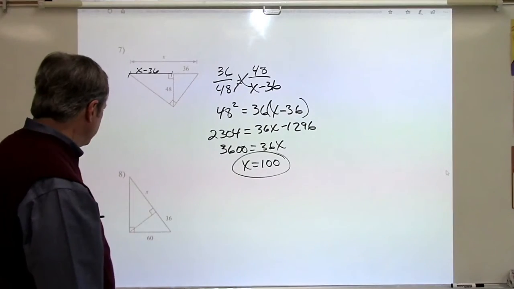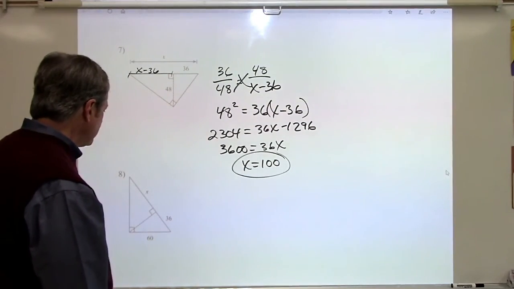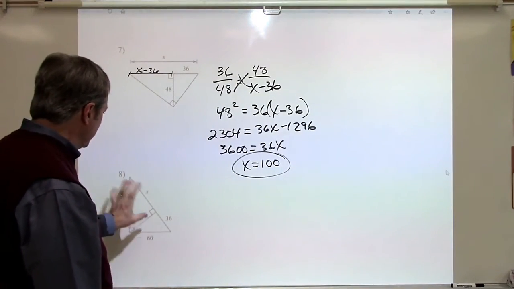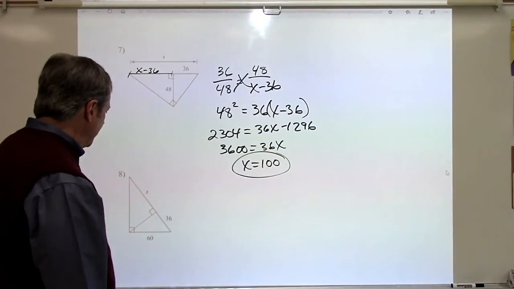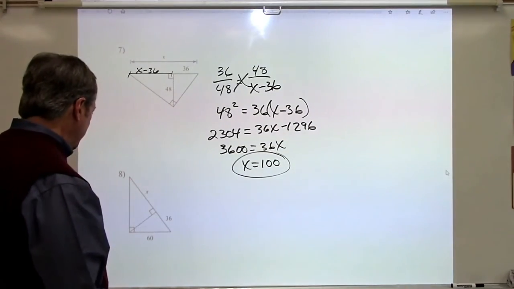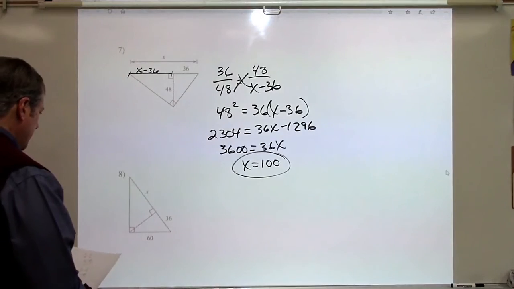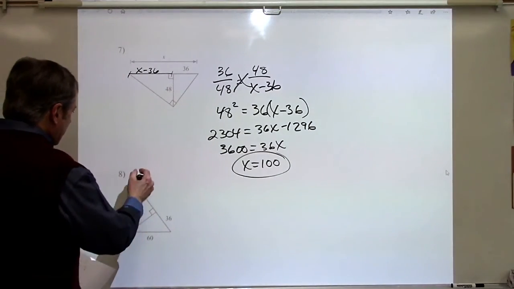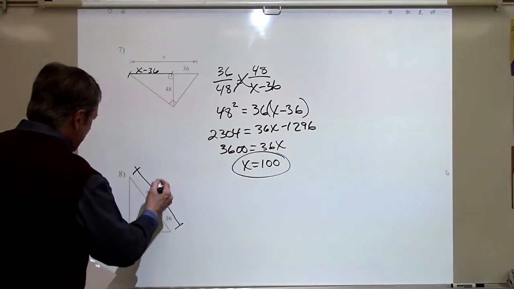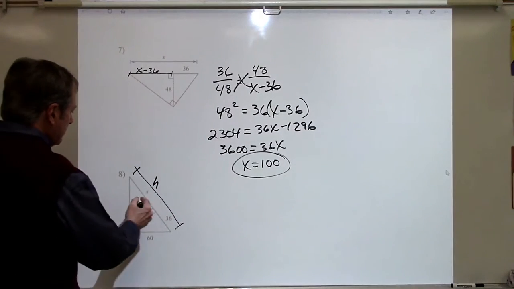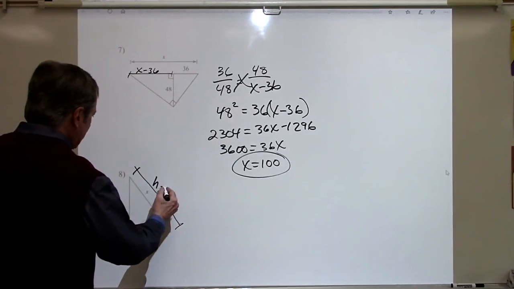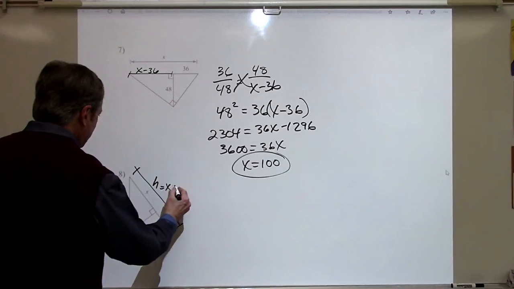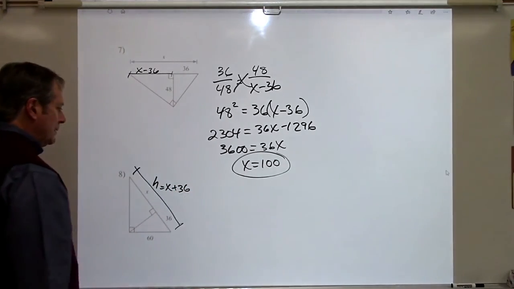All right, similarly, with number 8, we're given a leg and a segment. We need to find that segment there. So let's go with the leg formula. Well, the leg formula requires us to have a hypotenuse. Well, if that's x and that's 36, how about we say that the hypotenuse is x plus 36? And let's plug it in.